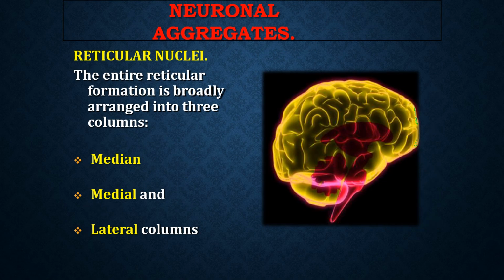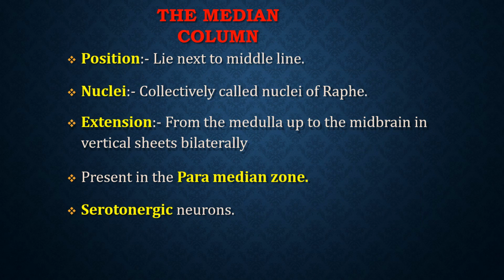The neuronal aggregates or nuclei in the reticular formation are broadly arranged into three columns: median, medial and lateral. The median column lies immediately next to the midline of the brainstem, and the nuclei collectively are called nuclei of Raphe.